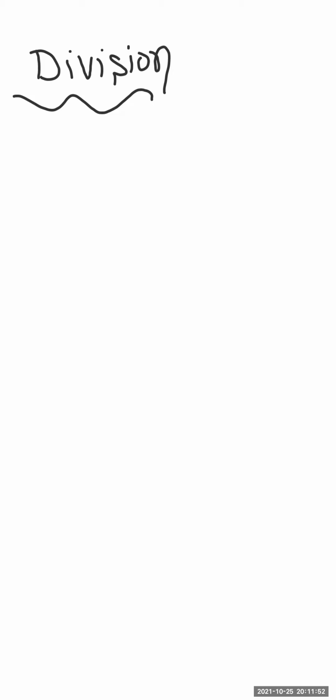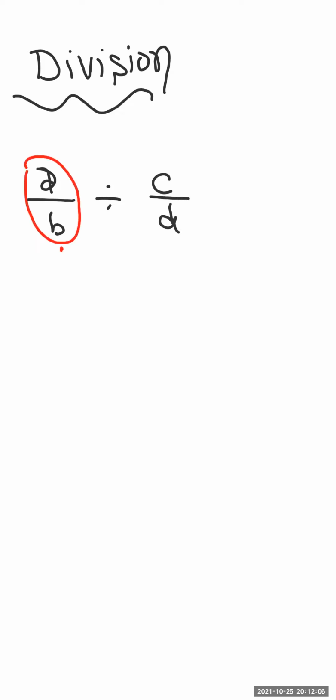Okay. So the division operation or the division process. If there are two numbers like A over B, and I want to divide it by C over D. So simply, the solution steps is to write the first number again, A over B, then change division into multiplication.